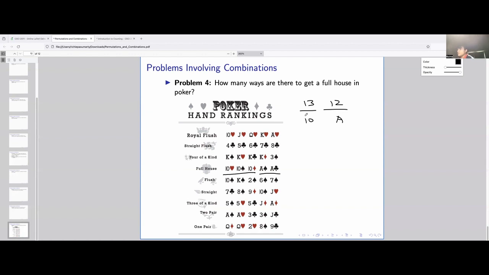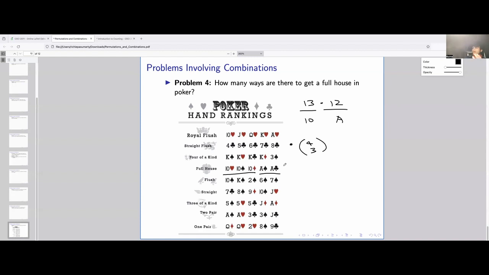Now out of the 4 different suits, I have to choose 3 of them for the 10s. So I have 13 times 12, but I have to multiply by 4 choose 3. Let me be more clear: I have to choose 3 suits for my 10s.